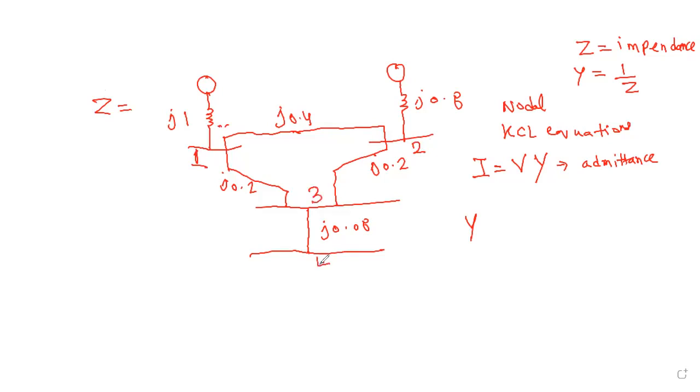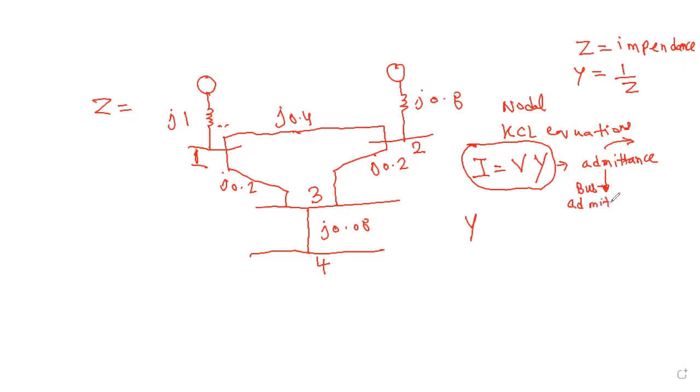I want to write the equation in the form I equals Y into V. The corresponding matrix I get is called the admittance matrix, or properly the bus admittance matrix.